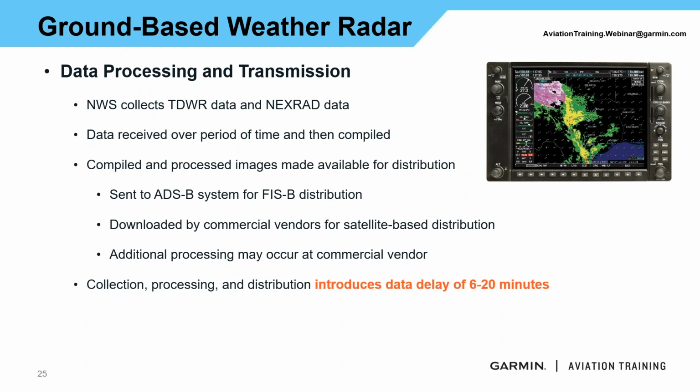So either through FIS-B or up to satellites with SiriusXM, all that takes time, introducing a delay of 6 to 20 minutes. So whatever age you see on your screen is actually the age plus 6 to 20 minutes. So if you were thinking it's just the age, well, now your potential threat coming upon you is a whole lot sooner.